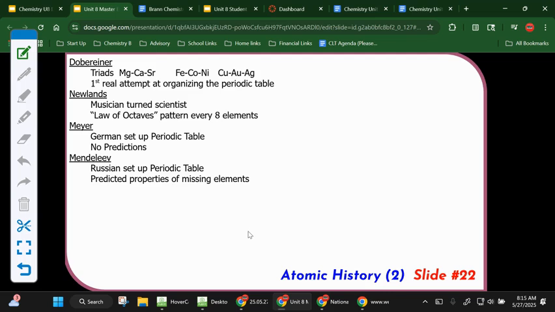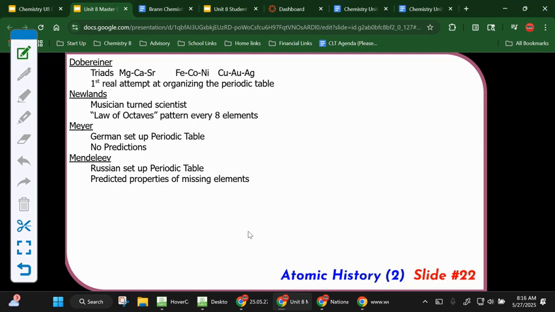And the reason Mendeleev's got accepted is because he left blanks or holes in his periodic table. Now, at the time, the science community who had to look at everybody's work was like, dude, you left holes in your periodic table. He's like, yeah, I know, those are elements that are not discovered. They're like, yeah, sure, elements not discovered.